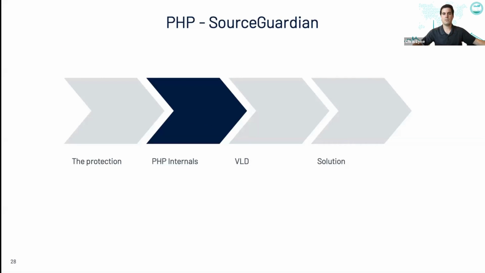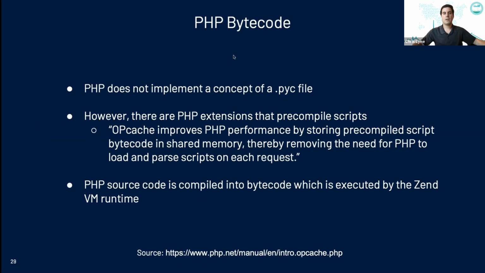So we'll take a look at a few quick internals concepts. PHP bytecode is similar to Python in that it's a bytecode format that the VM understands. However, I'm not aware of a concept of a PYC file in the PHP world. However, there are PHP extensions that will precompile scripts.